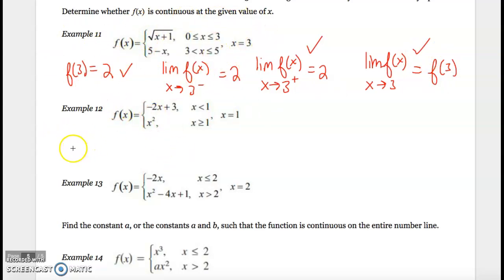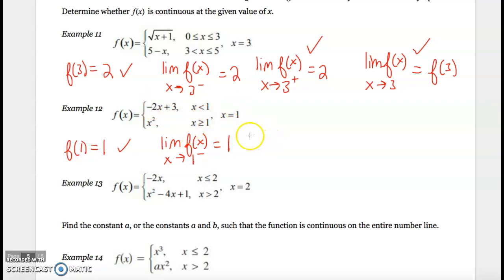All right, do the same thing for the next one. f of 1 means I actually plug in 1, so I look at where it's equal to 1, so I get 1. Let's see, my left-hand limit would be the top piece, because that's for values less than 1. So x approaching 1 from the left-hand side would be, if I plug in 1 there, negative 2 times 1 is negative 2 plus 3, which is 1.